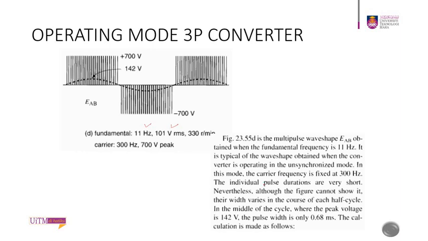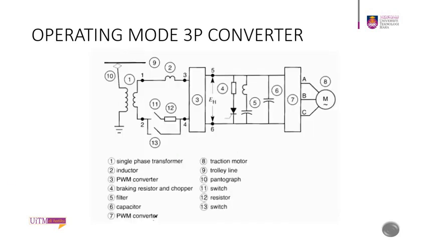So this is an example of an operating mode of a three-phase converter for an electric train. You have items 1 to 10. This will be on top of the train.